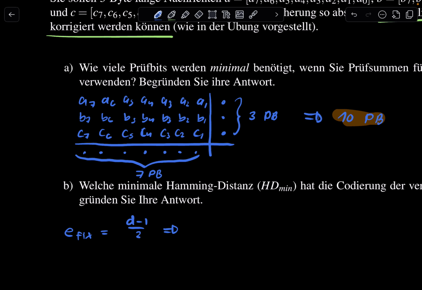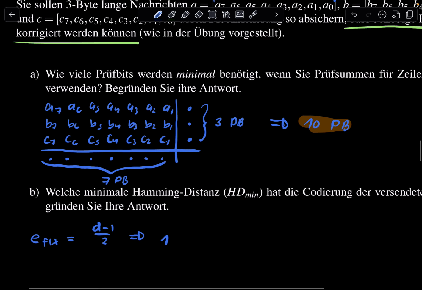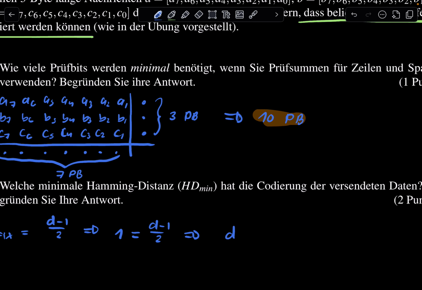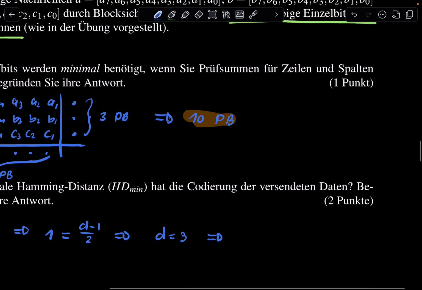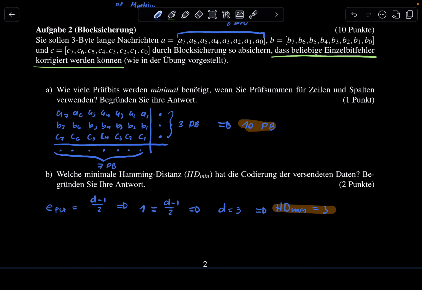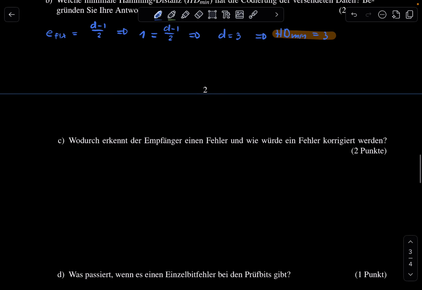In this case, e fix is going to be equal to 1, so d is going to be equal to 3. It means the Hamming distance hd min has to be 3. That's the solution, and that's pretty much it.